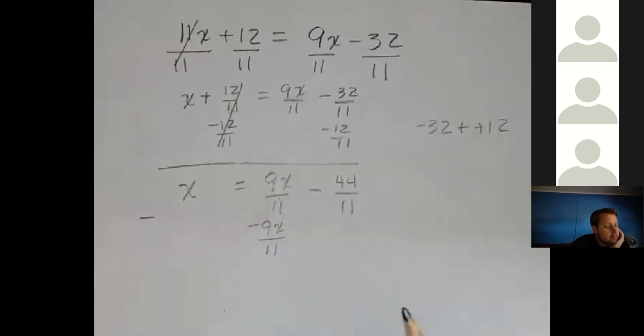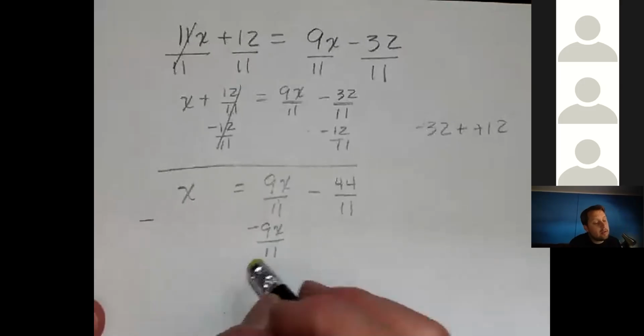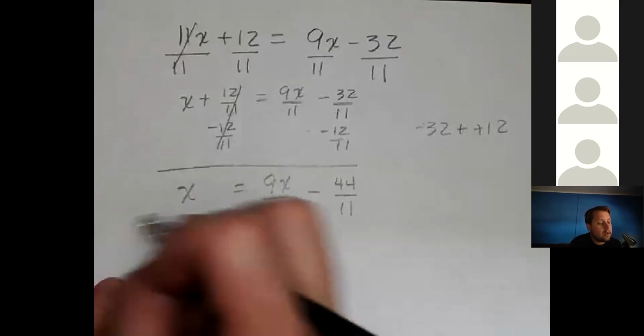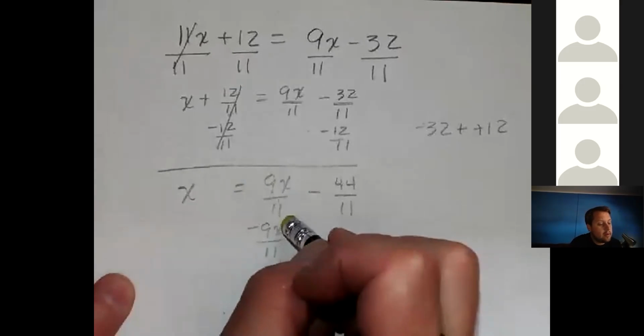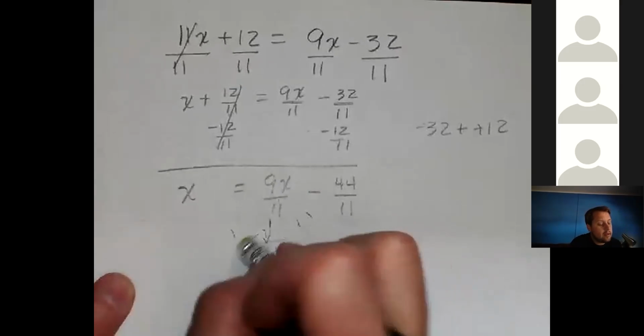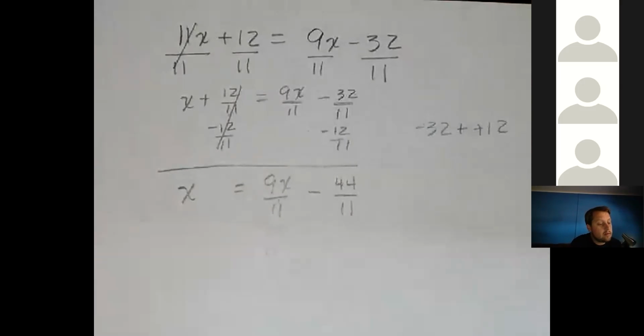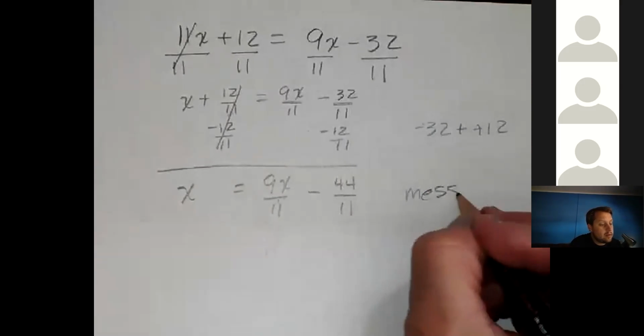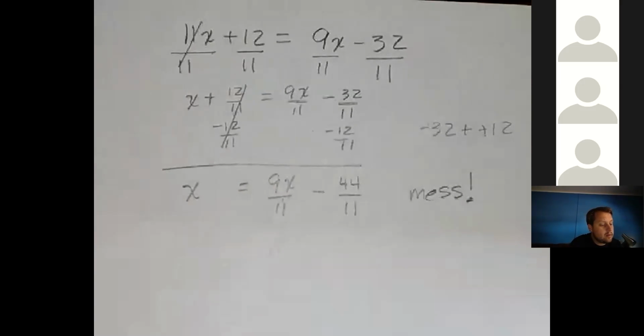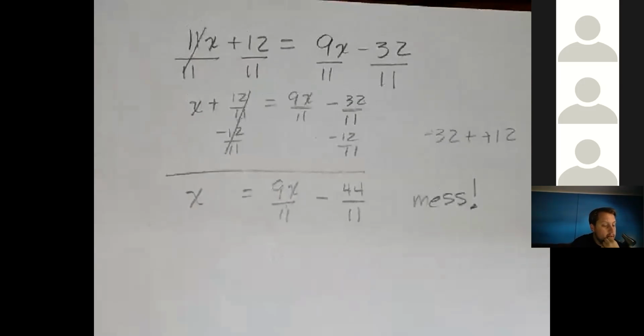Oh, how can I do that? Actually, I do know how to do it, but what a mess. A big old mess, right? At this point, you know what would make this easier is to multiply everything by 11.